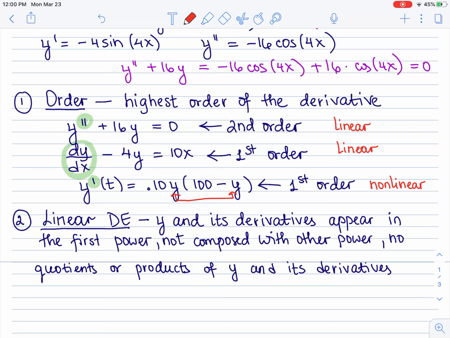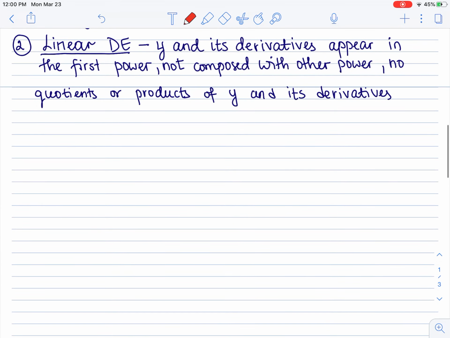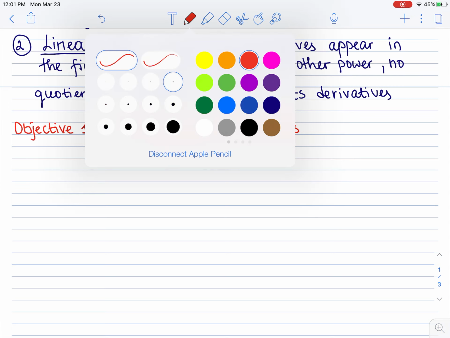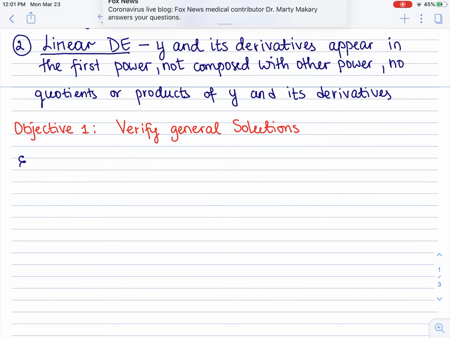All right, so now our first objective in this set of lectures is to verify general solutions. We'll have a few examples to go through. Let's take a look at example 1.